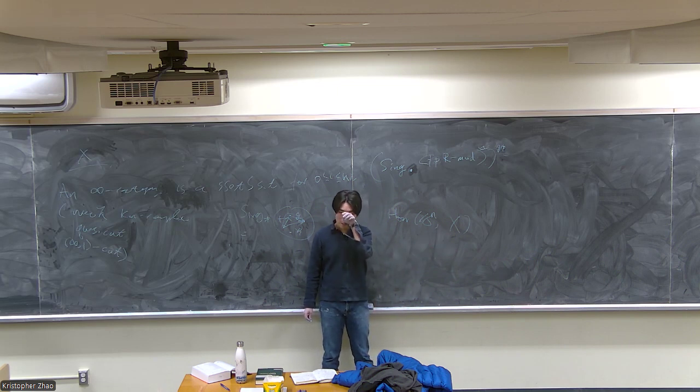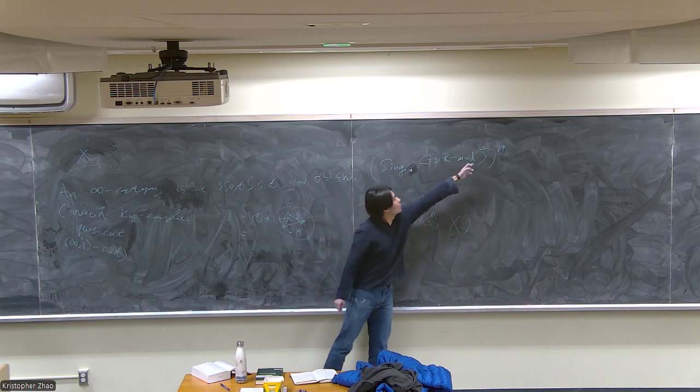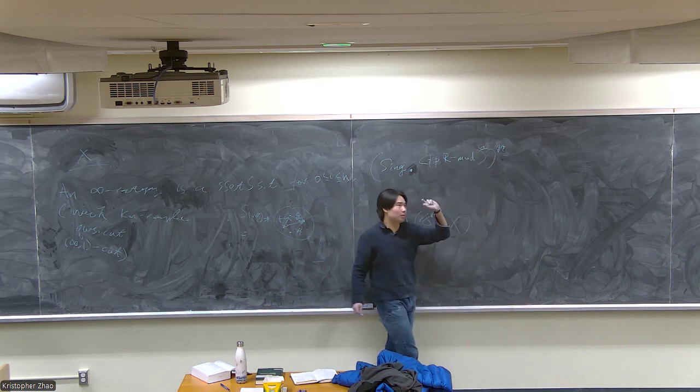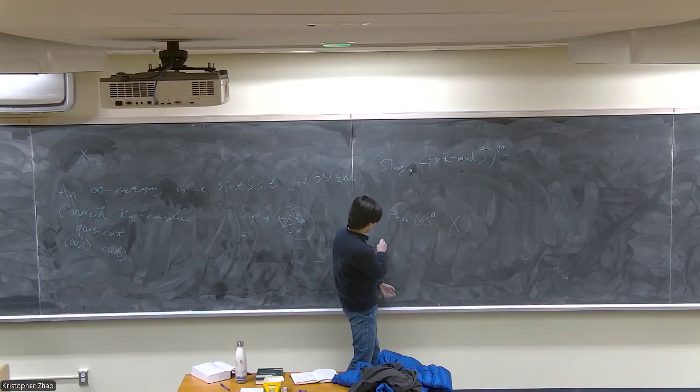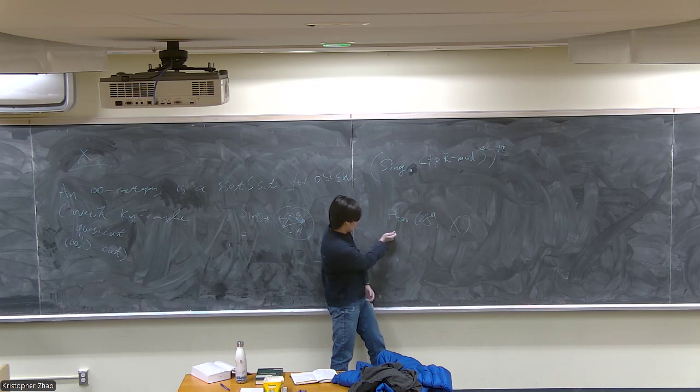Then what is that? You take the isomorphism classes. If there's an isomorphism between two objects, you replace them with one.